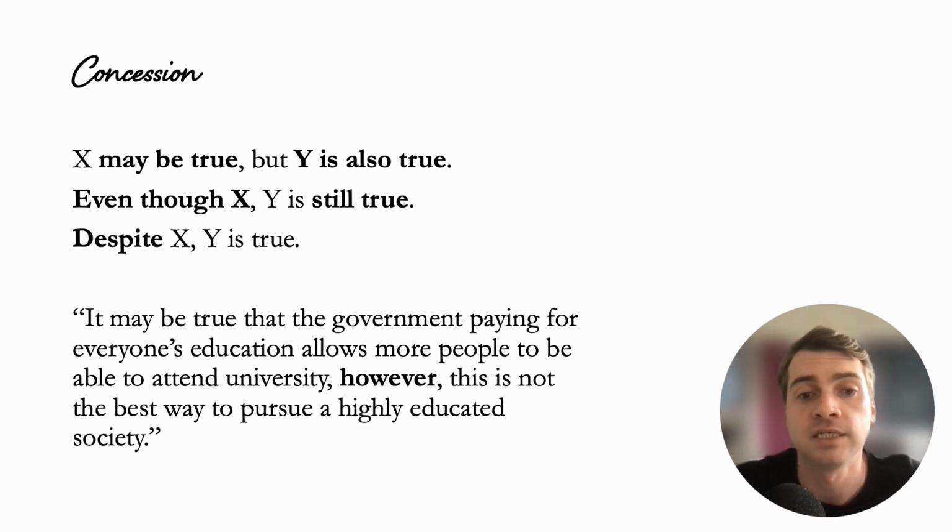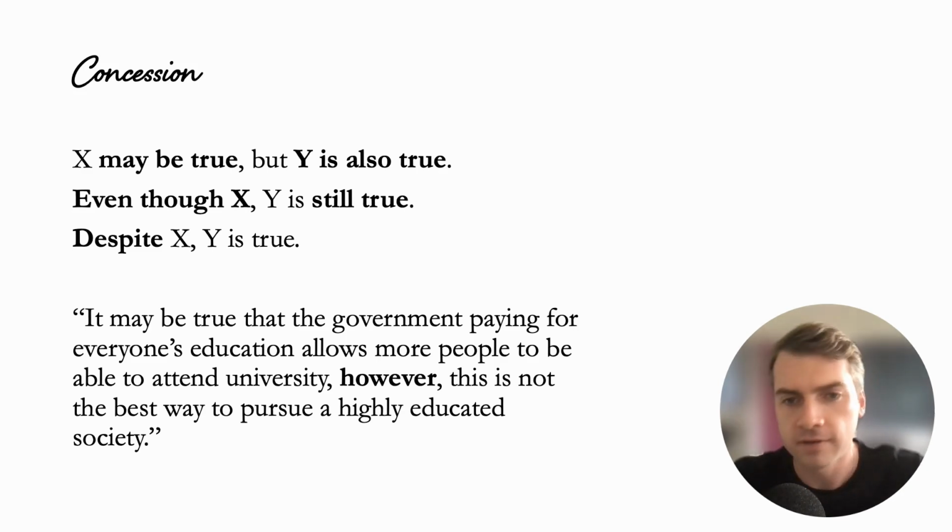Also in negotiation or debate, concession is like judo versus boxing, okay? Instead of trying to go right back at the other side and saying they're wrong, punching them right back in the face, like in judo, you're going to try to pull them when they punch you and throw them off balance, okay? You're saying, well, yes, you're right, or you might be right, but this thing I'm saying is also true, okay?